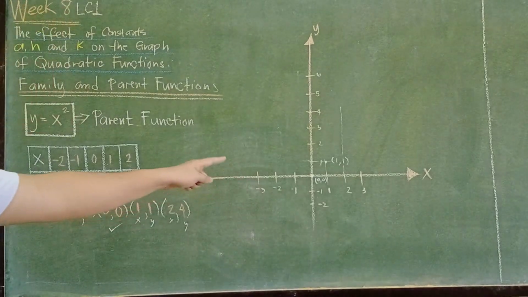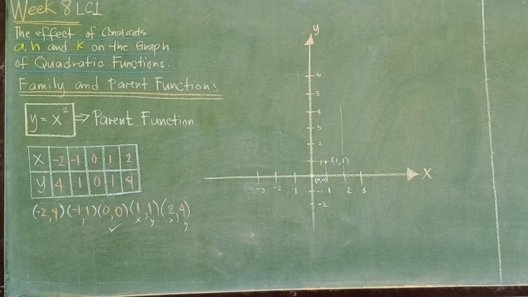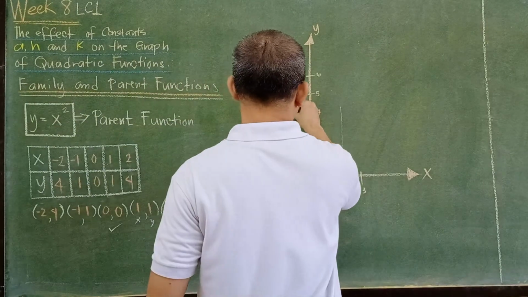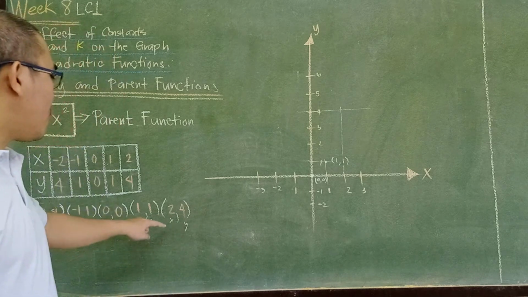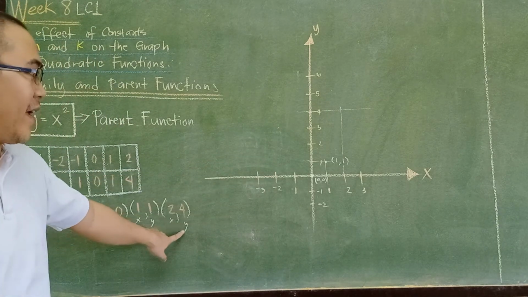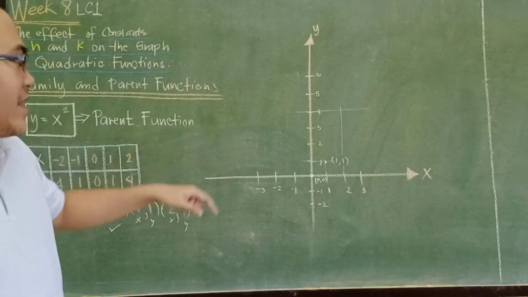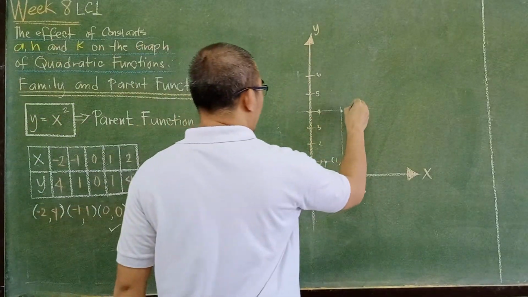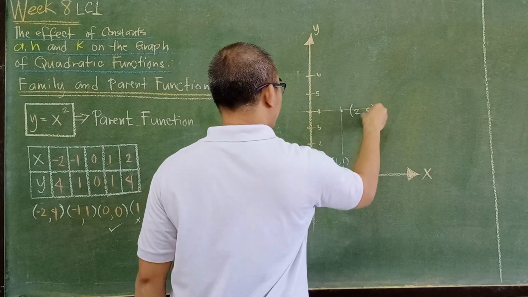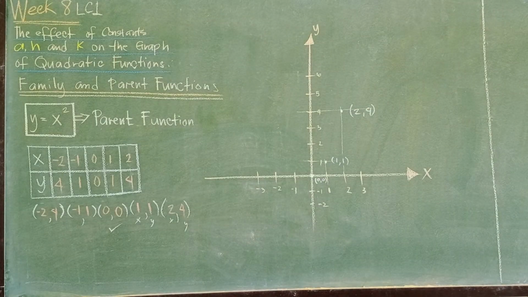Next is positive 4, so this is positive 4 sa may y-axis. So maunang maghahanap sa may x-axis tapos sa y-axis. So yung intersection ng mga lines na yun would be dyan. And this is what you call 2, 4. So meron ka ng tatlong points na nahanap. Yung 0, 0 which is yung vertex, yung 1, 1, tapos yung 2 and 4.